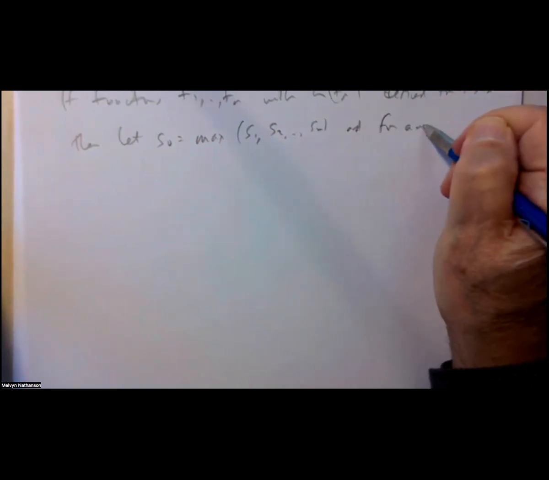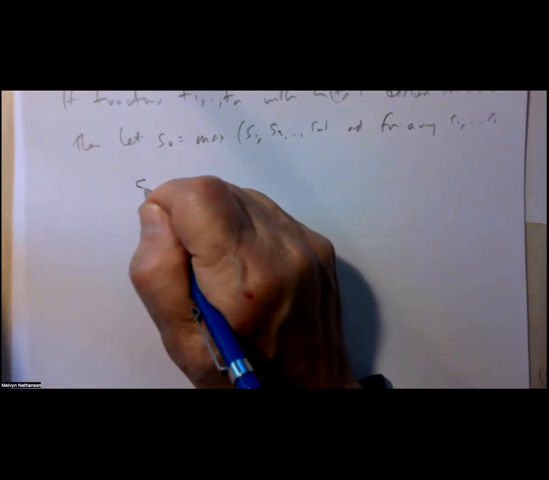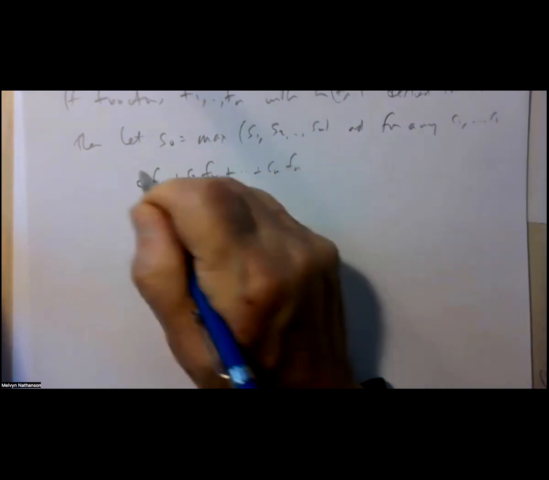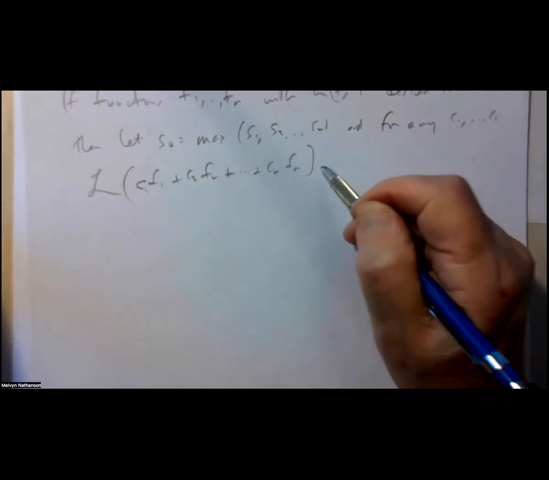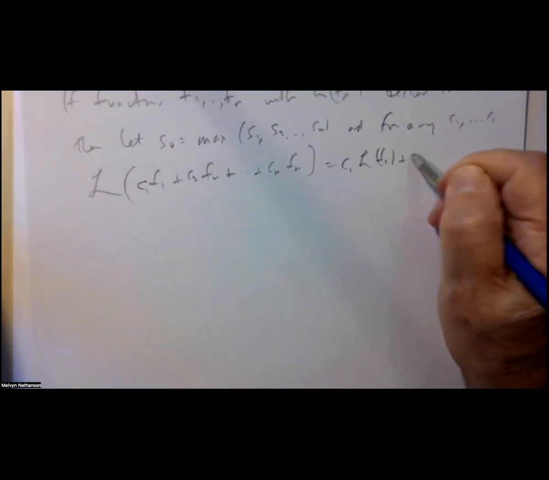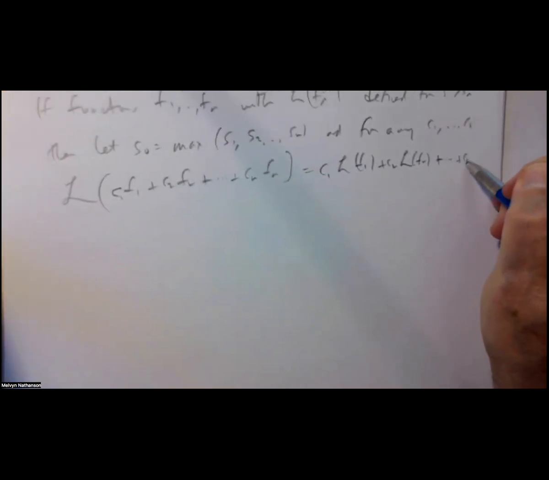And for any numbers c1 up to cn, if we take the linear combination of my functions c1 f1 plus c2 f2 up to cn fn, this Laplace transform is the sum of the Laplace transforms c1 L of f1 plus c2 L of f2 up to cn L of fn. So this is, again, a basic fact about integrals, and in particular about Laplace transforms.